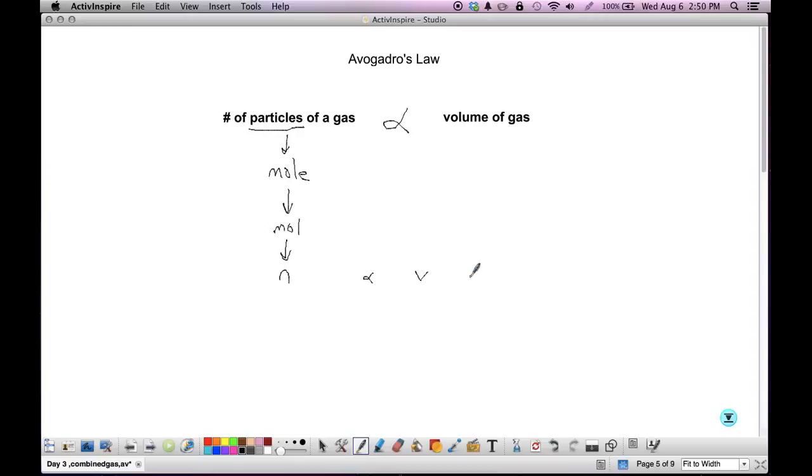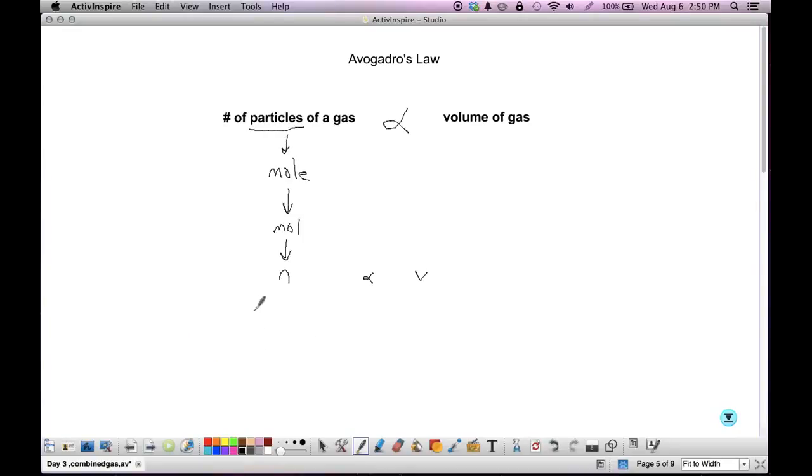It allows us to say things like 1 mole of hydrogen will have the same volume as 1 mole of carbon dioxide gas. So the identity of the gas really isn't important. It's just the number of particles of that gas.